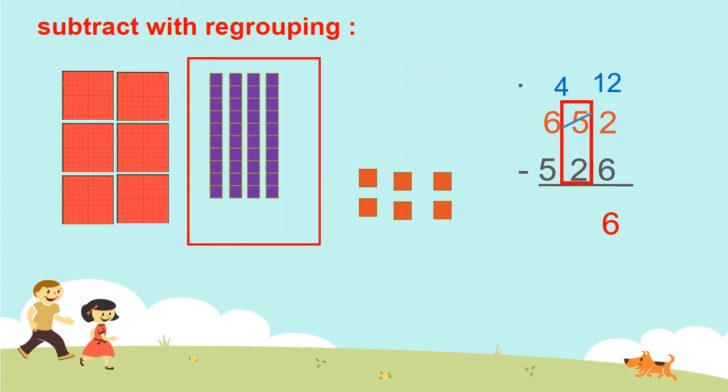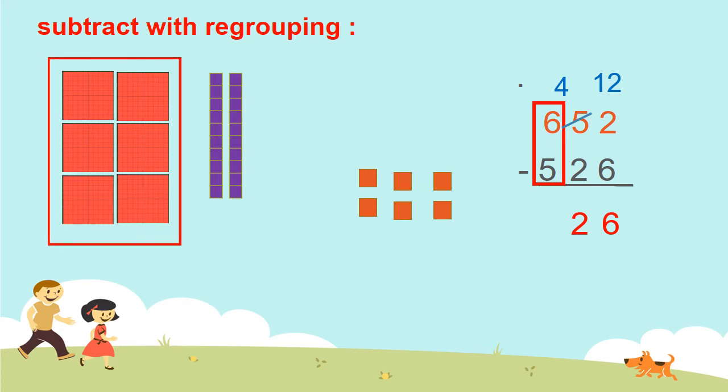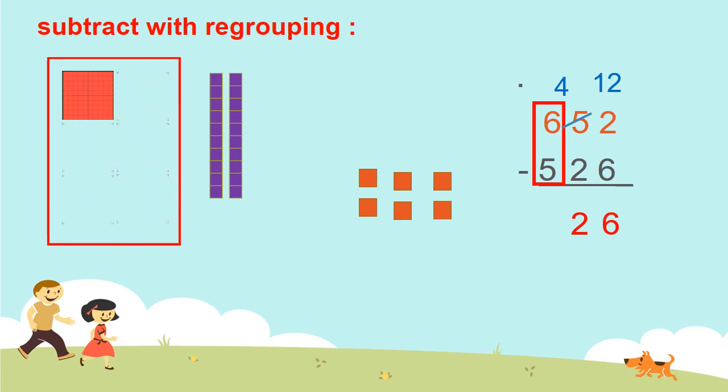I have 4. Can I take away 2? Yes, we can take away 2. So remove the 2, you have 2 left. Now the 6, go to the hundreds. The 6, we're going to take away 5. How many do we have left? Only 1. Good job, primary 2.